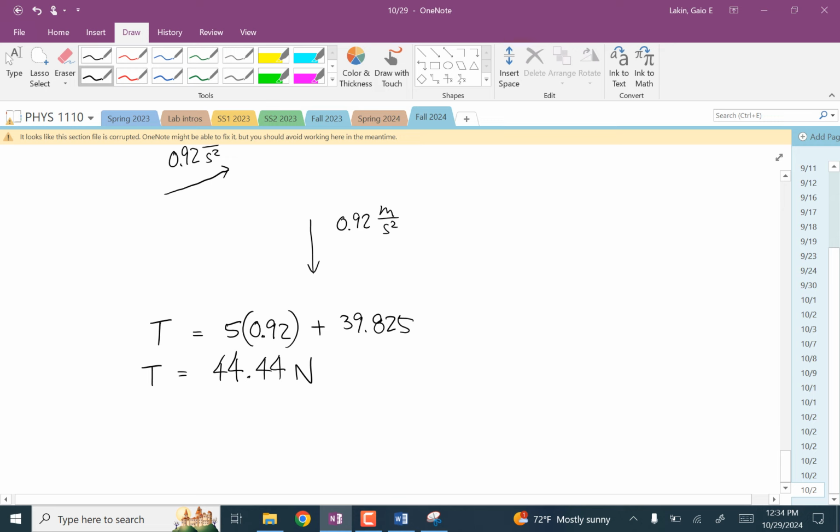If you set up this system with a string that can only support 40 newtons of force, that string will break. If you do it with a string that'll support 45 newtons of force, the string won't break. Any other questions about that one?